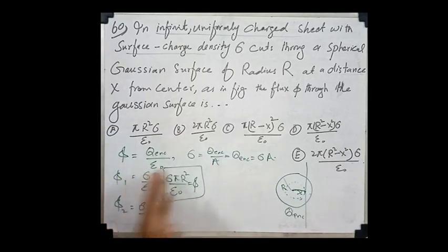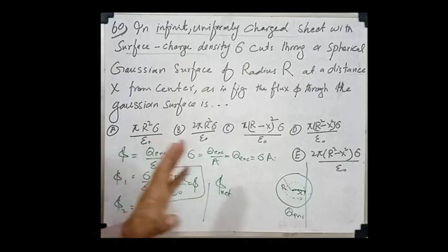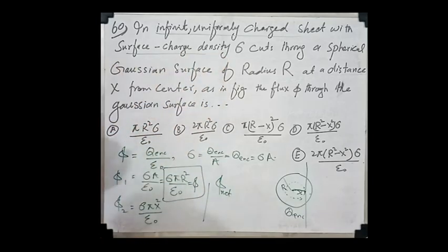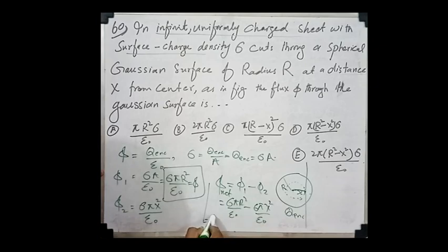So the flux through the infinite sheet will be the difference of these two. The net flux through the infinite sheet having surface charge density sigma will be phi 1 minus phi 2. Phi 1 is sigma pi r square divided by epsilon naught minus sigma pi x square divided by epsilon naught. Taking common, we can see that pi into r square minus x square into sigma divided by epsilon naught.